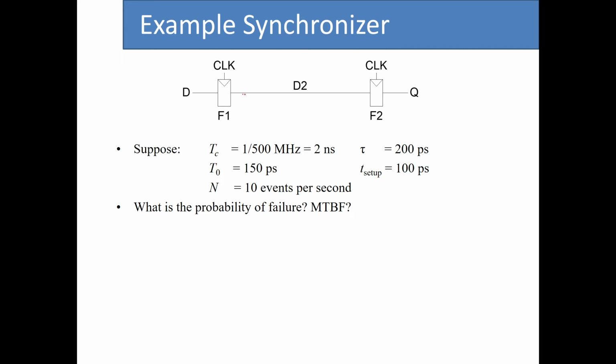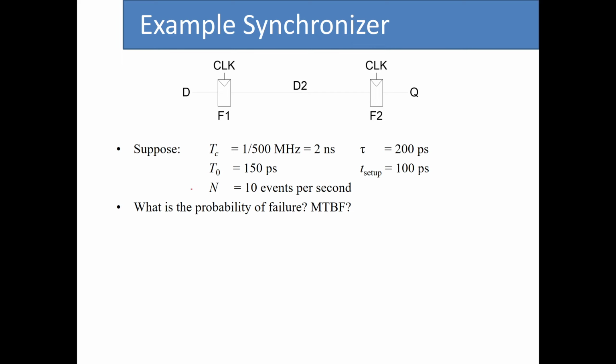The output of the first flip-flop is used as the input of the second flip-flop, and then we have Q that will be used later on. And we hope that the probability of failure or the probability of metastability using this synchronizer will be lower than when we didn't use any synchronizer.